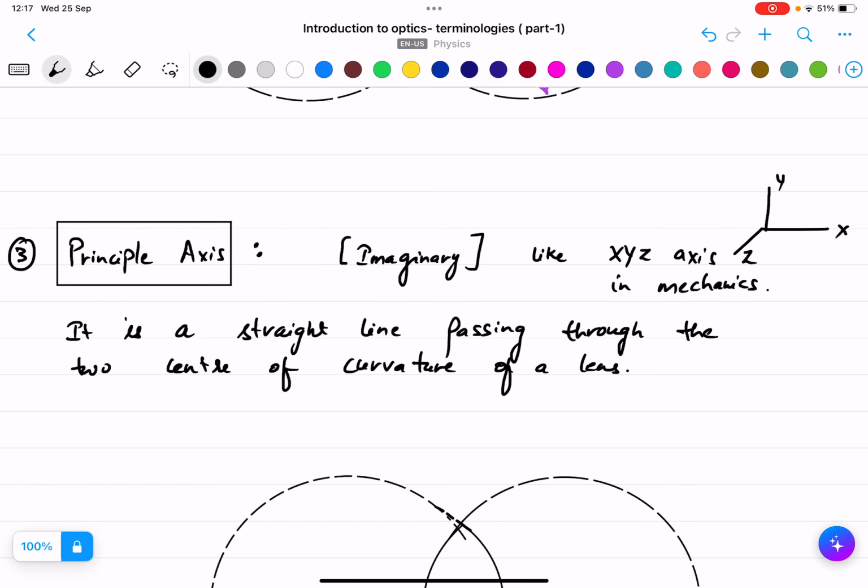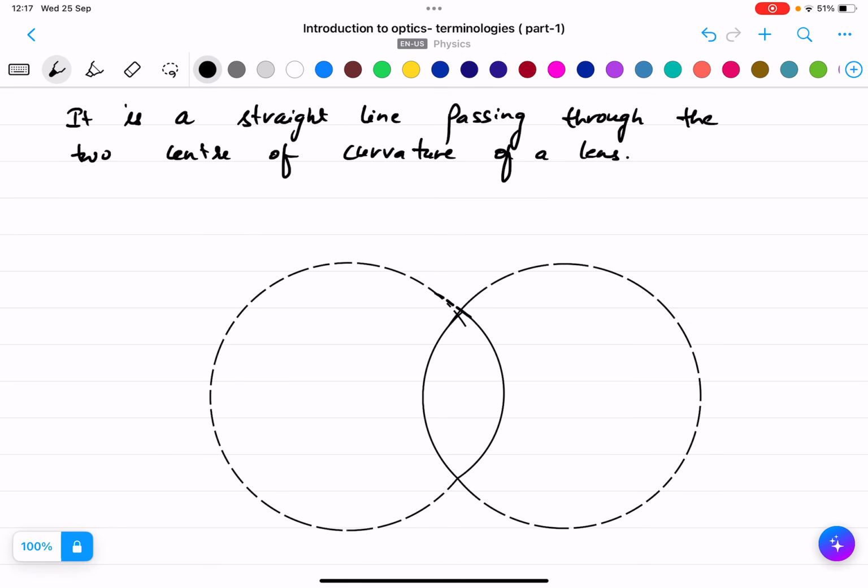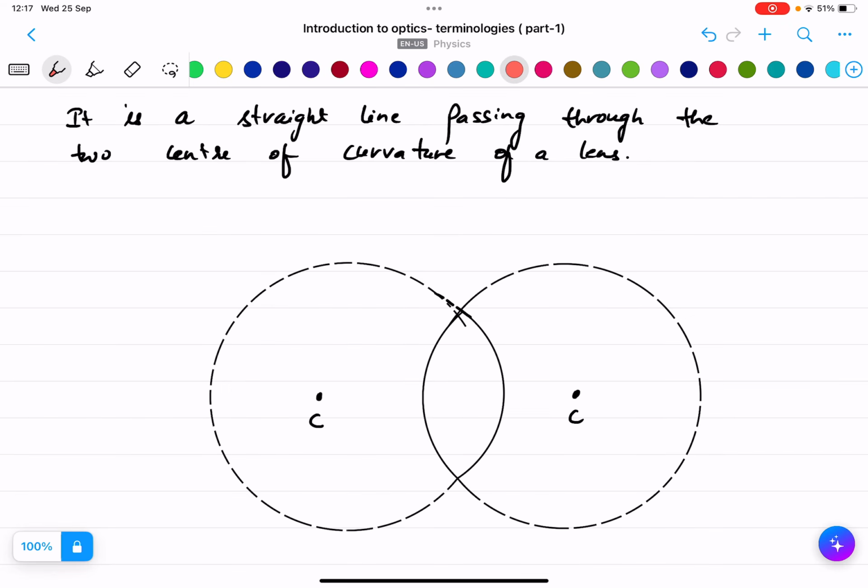Same with the principal axis. It is a straight line passing through the two centers of curvature of a lens. So if it is a lens and this is your center of curvature, this is your center of curvature, there will be an imaginary line which will pass through both the centers of curvature. So this is your principal axis.